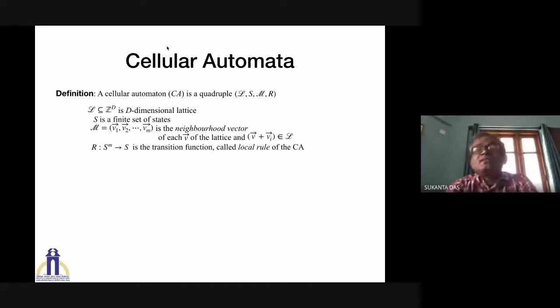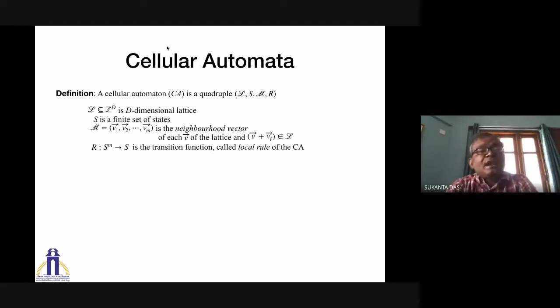The second component of that quadruple is S, a finite set of states. And then M is a neighborhood vector. Recall what M is: V1, V2, ..., Vm. They are the neighbors, actually the cells of that lattice.